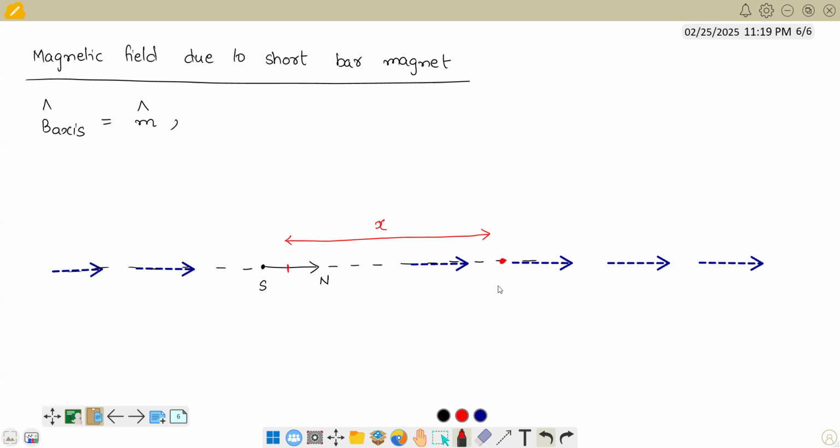The formula for the magnetic field on the axis is mu naught by 4 pi into 2m divided by x cube, where m is the magnetic dipole moment, x is the distance. So this is the magnitude and this is the direction. This is called the magnetic field on the axis of a short bar magnet.